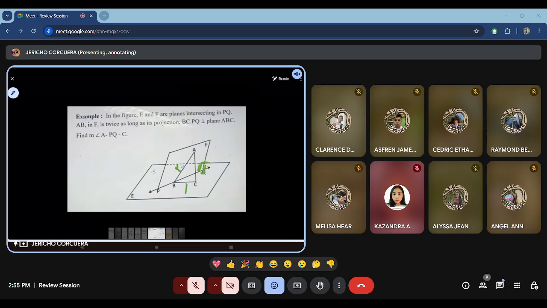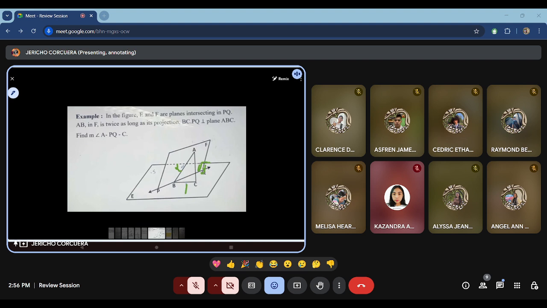In PQ, AB in F is twice as long as its projection. So let's assume that BC is 1. If it's twice as long as its projection, the projection is 1 and twice is 2, so we multiply by 2 to get the value of AB. So AB is 2, and since BC is 1 and AB is 2, AC is equal to the square root of 3, because this is a 30-60-90 triangle.